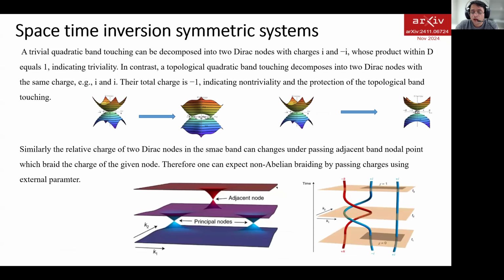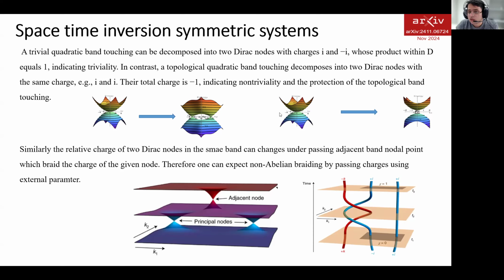So for example, if you come back to our quadratic band touching and calculate the charge along this nodal point, we can find that this touching point has a non-trivial charge of -1, which is the multiplication of i and i, meaning that it can be decomposed into two Dirac cones with the same charges.